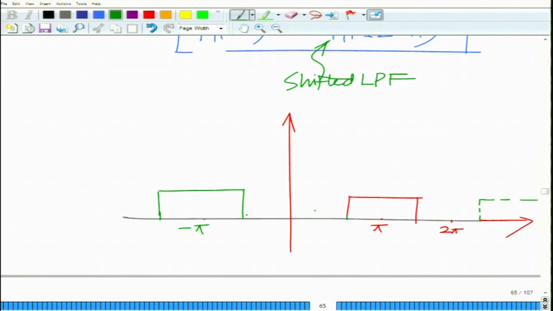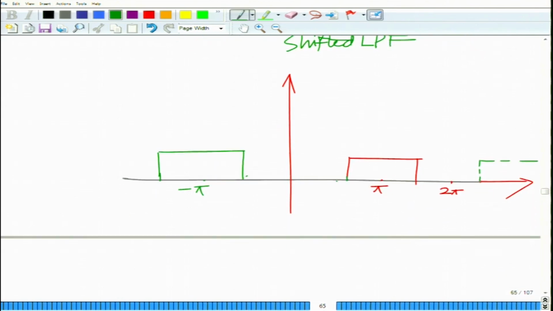So, originally this is omega c, when you delay it by pi, this will become omega c minus pi, and this will become pi minus omega c. So, this point will become, in fact I am sorry, this point will become pi minus omega c, and this is omega c minus pi, or minus pi plus omega c.